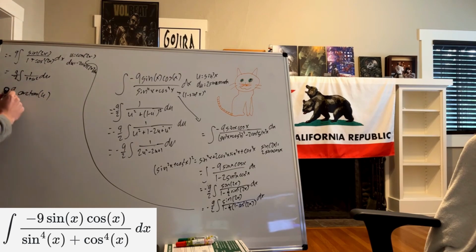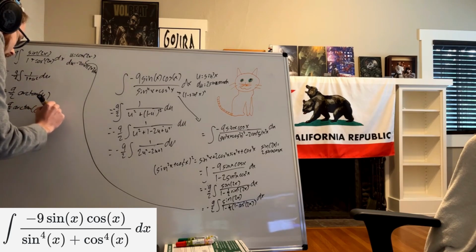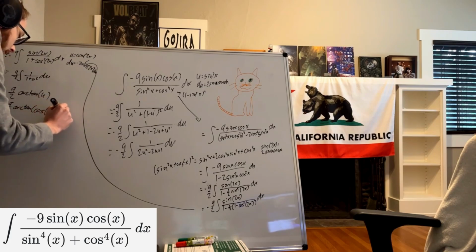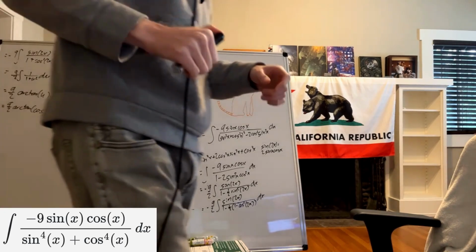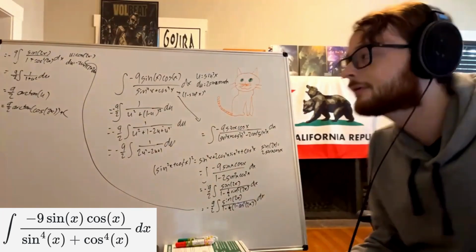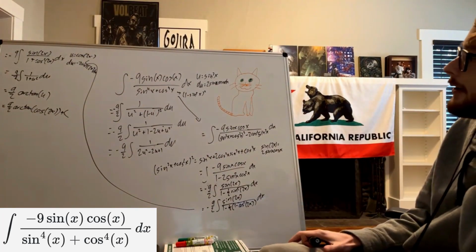And then if we unsub, cosine 2x. I feel like that doesn't simplify though, does it? I know when you have the reverse situation like cosine of arctan, you could simplify that.